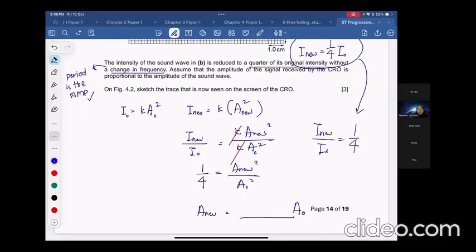Continue it. We need to find the initial and the final. We only know what is happening with the new one. I want to know the amplitude in terms of intensity, so I have to use this formula. I new over I original is 1 over 4 from the sentence: intensity of new is reduced, so it's 1 over 4.